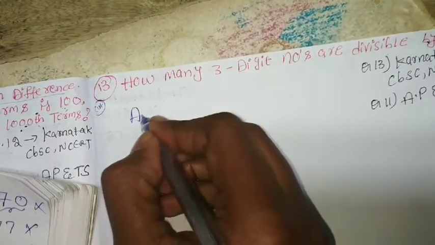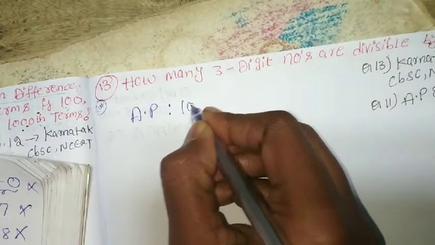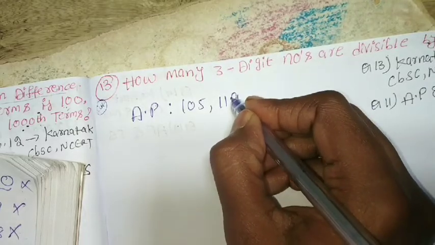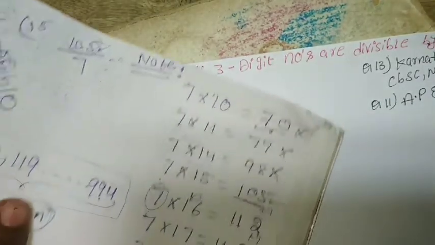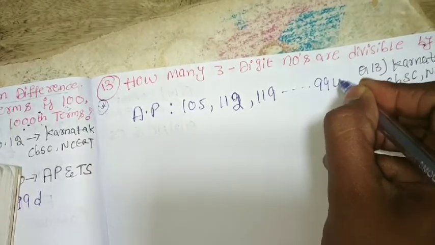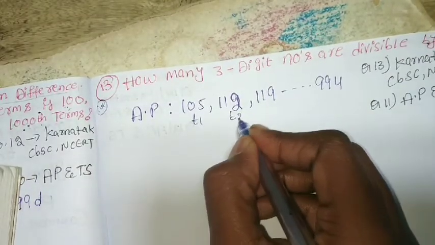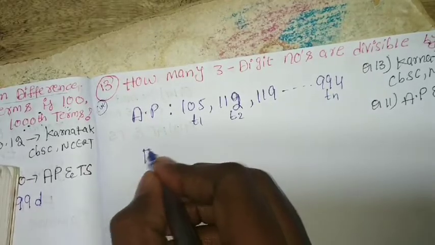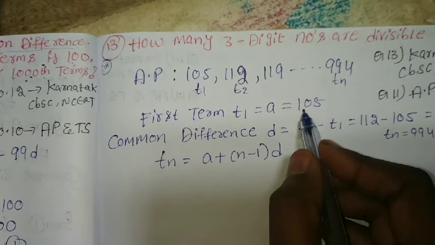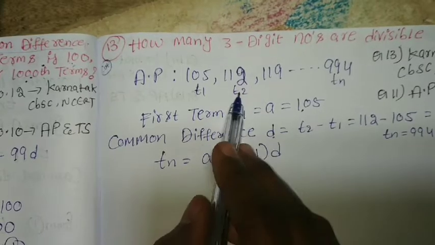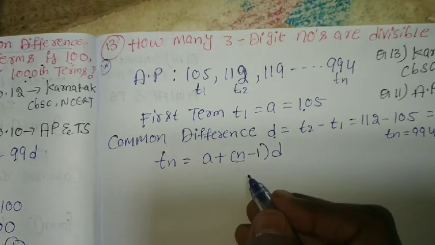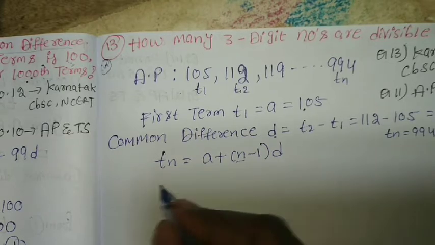The arithmetic progression is 105, 112, 119, and what is the last term here? 994. This is term 1, term 2, this is term n. So write down what is the first term here. First term is 105, common difference is T2 minus T1, that is 7. So we have to find n, the number of terms.